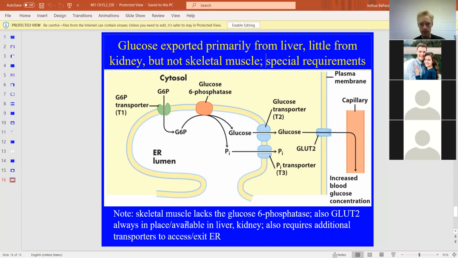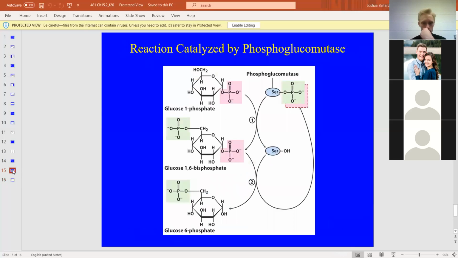Hey, Josh. On that last slide with the reaction catalyzed by phosphoglucomutase, is this showing what we're doing to those glycogen products that we've knocked off, the glucose 1-phosphate, and showing how we're converting it to glucose 6-phosphate so we can then use that in our cycle later on? Yeah, exactly.